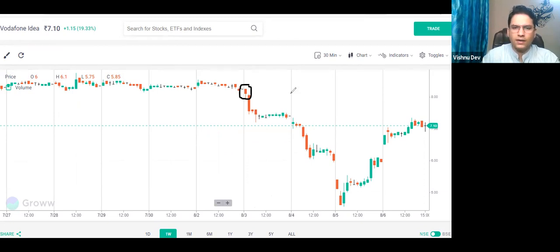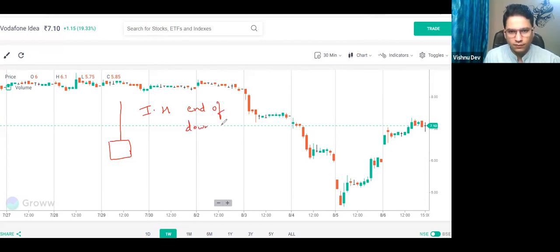Guys, wait. First of all, I am not talking about this chart here. I am simply talking about the inverted hammer. This candlestick pattern is called an inverted hammer when it is at the end of a downtrend.